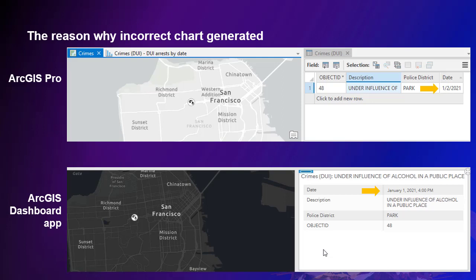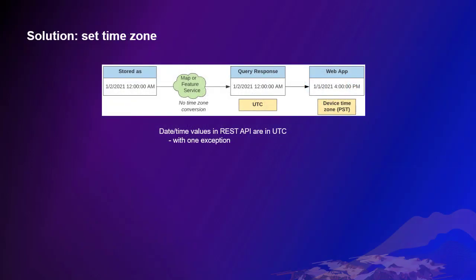So why? The reason is that when I published my map service, I did not set the time zone. And as you know, the REST API specs say that date time values, when going out or coming in, must always be in UTC, the one exception. In a map service or feature service, when there is no time zone set, it simply assumes the data are in UTC and hands it over that way.